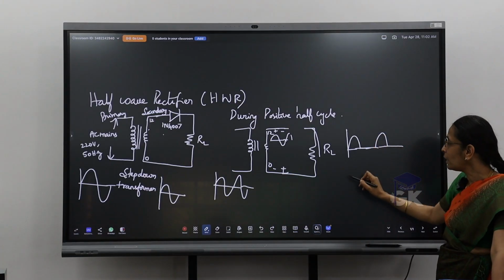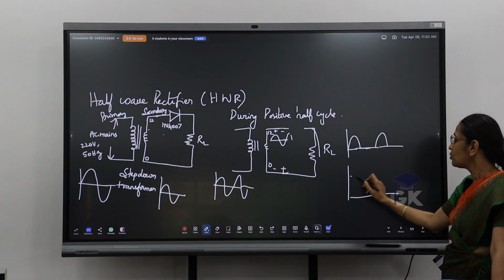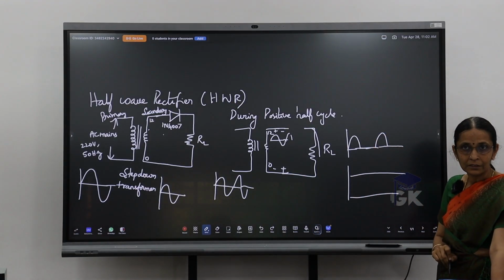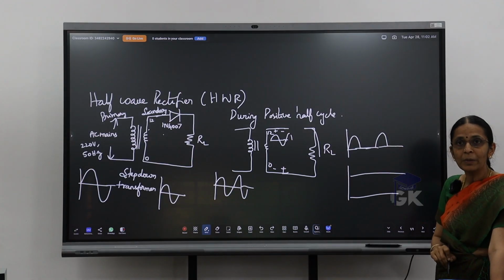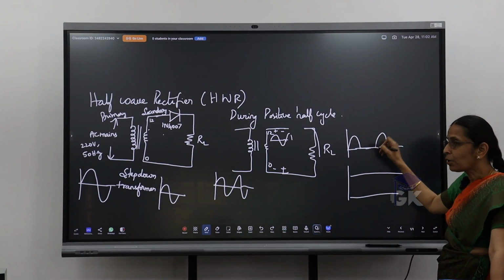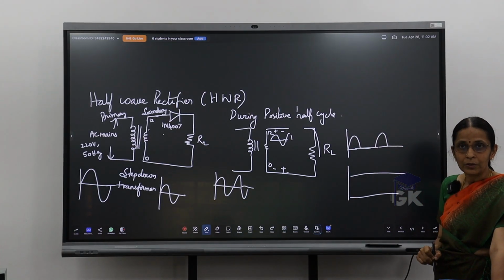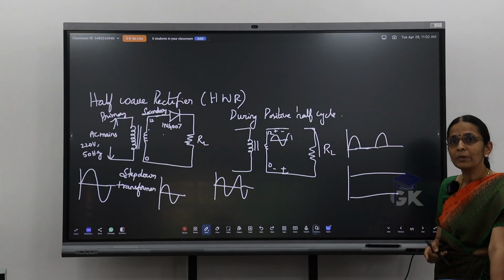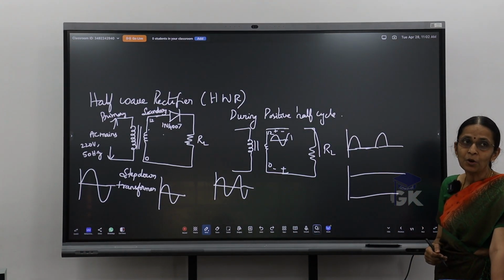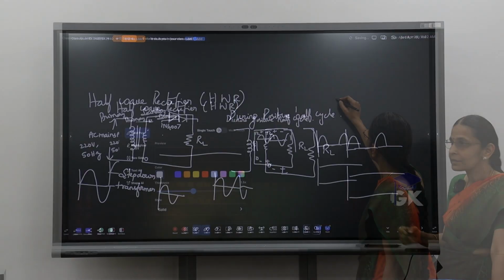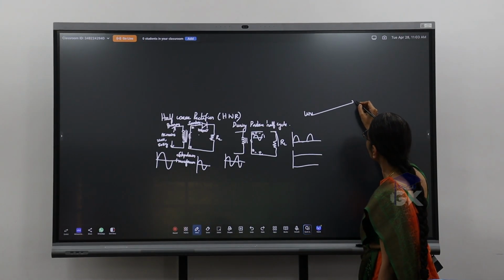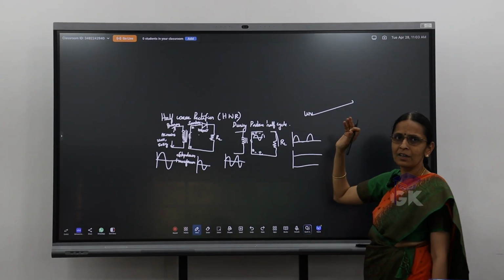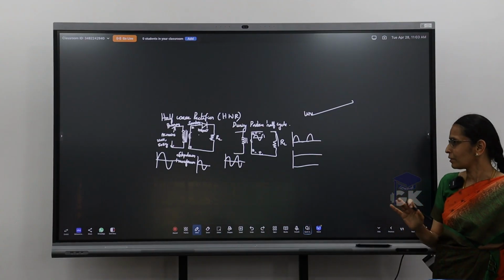But a DC signal means it should be a straight line like this. The frequency should be 0. But that is not the case in my output. There are some AC components present, which I call ripples. So those unwanted AC components are nothing but my ripples.